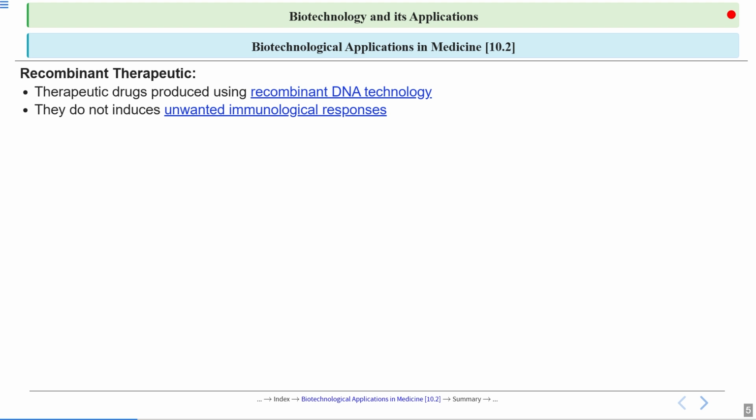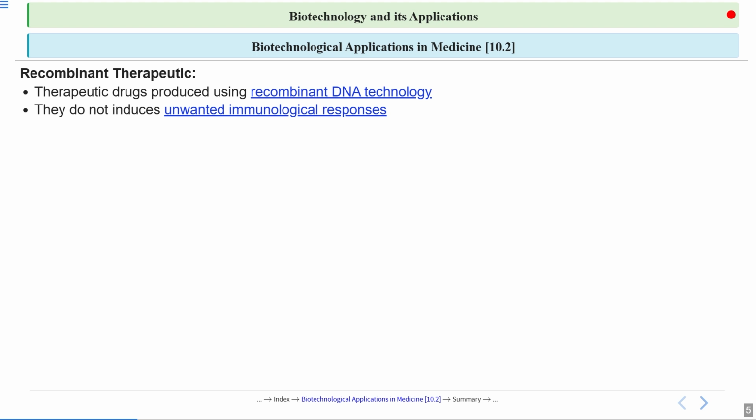One of the major benefits is that first of all we can get our desired property, whatever desired gene we want. There should not be any undesired gene or anything. And the main importance is that they do not induce unwanted immunological responses.